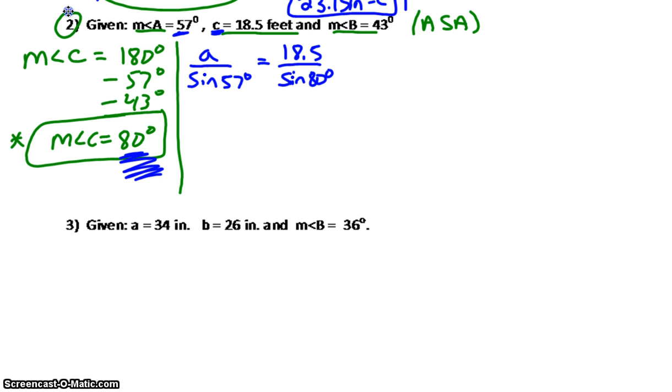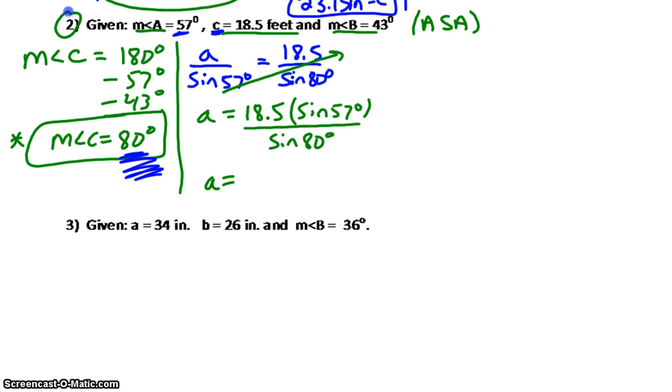So working this out on your calculator, you'll take 18.5 times sine of 57 degrees. Why? Because we cross multiply. And then divide that by sine of 80 degrees. So my side A in this problem ends up being 15.75 feet.